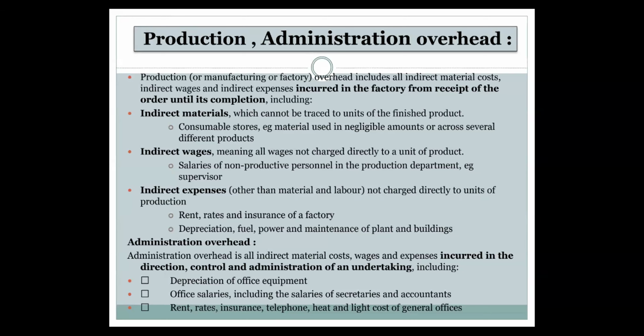As we know, we need different types of employees for an organization. Some employees or workers we need for the production of a product. They are directly related with production and their costs are direct cost. Some employees are not involved directly in the production of a product.